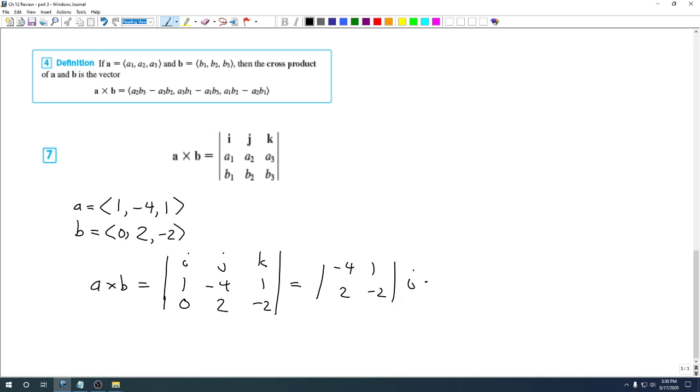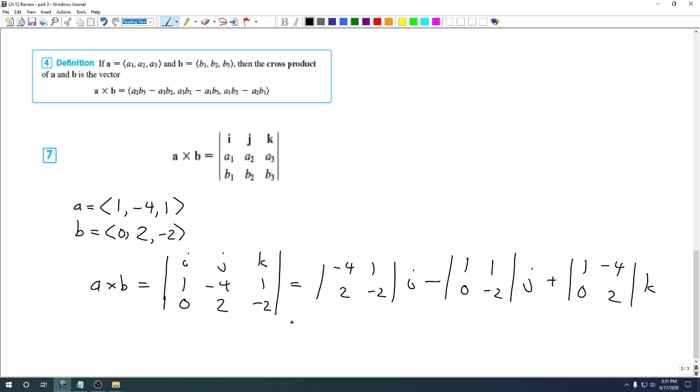The next one we unfortunately have to have a minus sign, but then we do the same thing with the j, where we take out the first row and the middle column, and we take the determinant of what's left. We have 1, 1, 0, -2 times j. And then finally with the k, we take out that first row and that third column, and we take the determinant of what's left. We have 1, -4, 0, 2 times k.